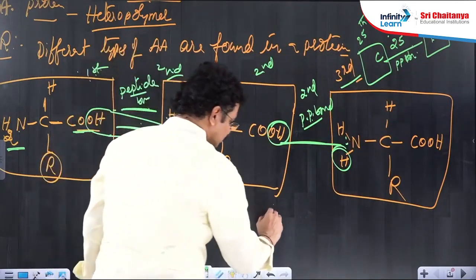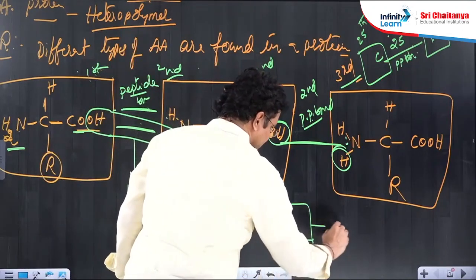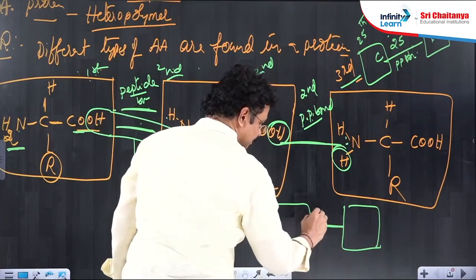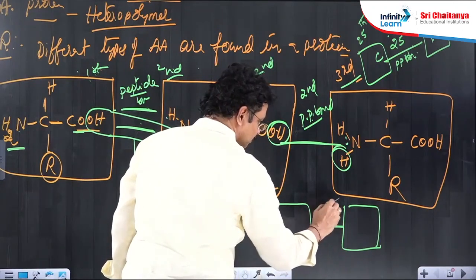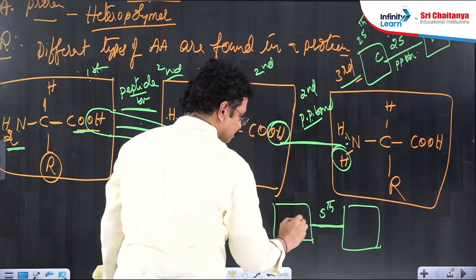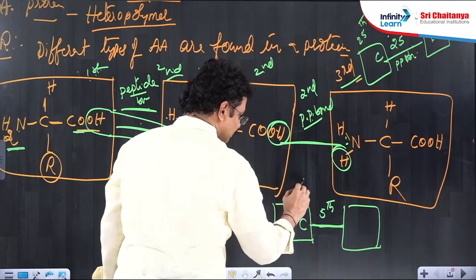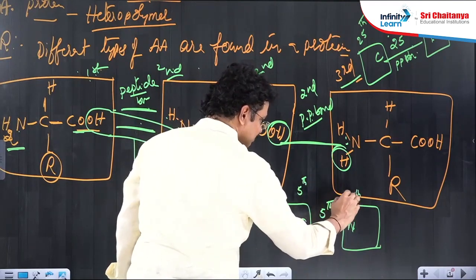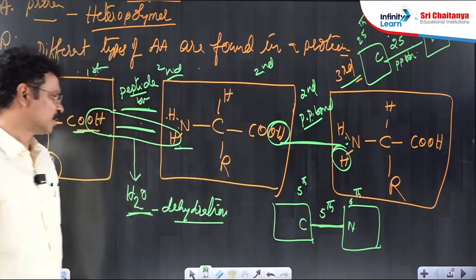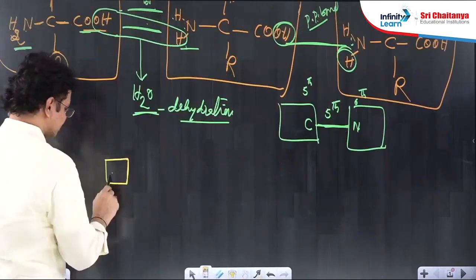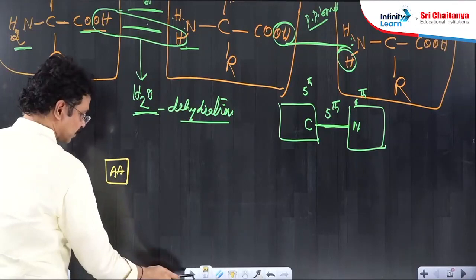Likewise, one more question. These two are adjacent amino acids. This peptide bond is the fifth one. The fifth peptide bond is contributed by the carboxyl group of the fifth amino acid and the amino group of the sixth amino acid. Is it clear? Amino acid, short form AA.